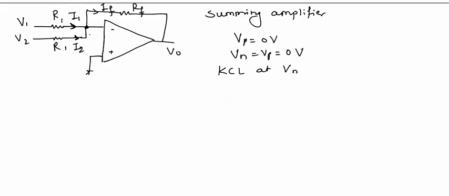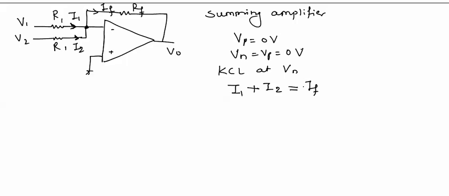The equation will be written accordingly. The calculation will be correct. So applying KCL at Vn, total incoming current should be equal to total outgoing current.